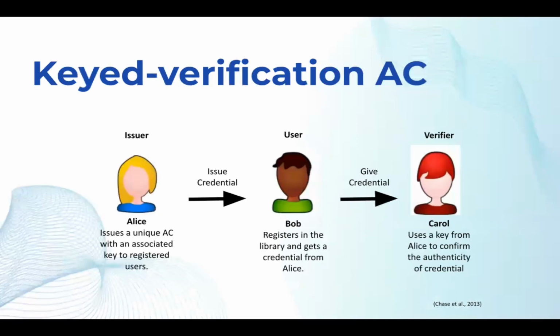Apart from that, key verification AC offers a unique take on authentication. Key verification links validation to a specific key. Consider Alice's digital library. Bob is given a unique key-paired credential from Alice. When accessing content, Carol validates the key, confirming membership, but keeping Bob's identity concealed.